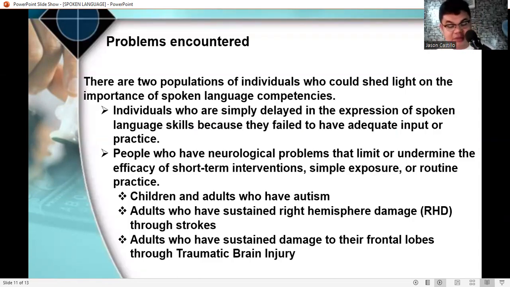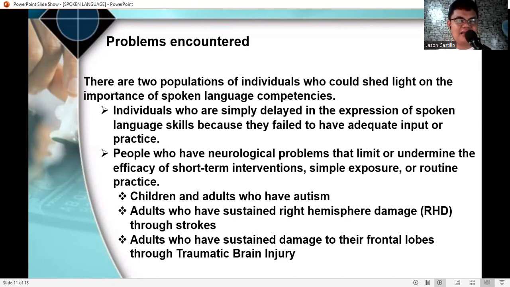According to the paper, there are actually two populations of individuals who could shed light on the importance of spoken language competence. The first are individuals who are simply delayed in the expression of spoken language skills because they failed to have adequate input or practice. These are the people who were not exposed to conversations.